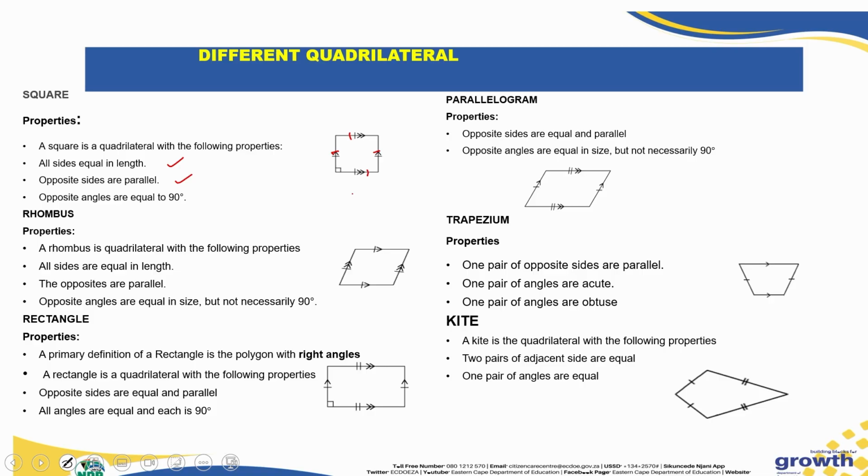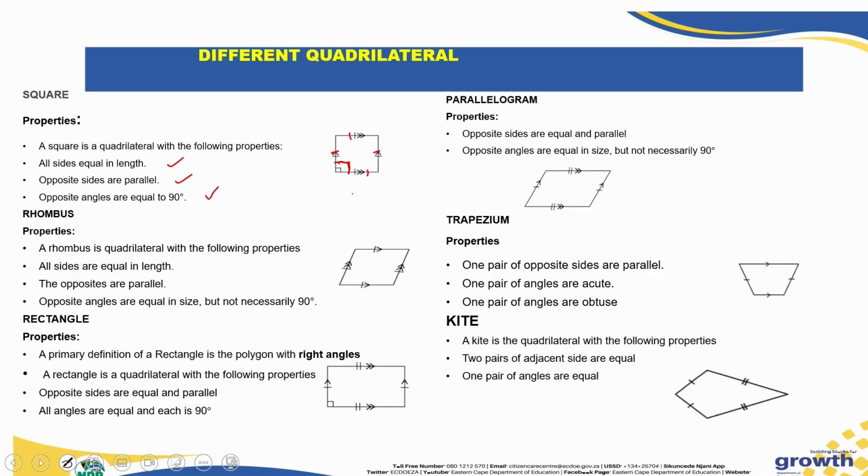Now, a square also has angles which form 90 degrees. Remember we talked of perpendicular lines. When are lines perpendicular? They are perpendicular only if they form an angle which is 90 degrees.